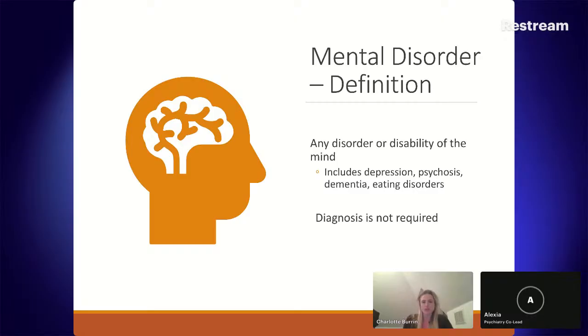So we've talked about mental disorder. What actually is this? So the Mental Health Act lays out in section 1 the definition of mental disorder, and it's a deliberately very broad definition. And it's listed as any disorder or disability of the mind, which is clearly very vague and covers a whole host of things. And this includes typical mental illnesses that we know lots about: schizophrenia, bipolar disorder, depression.